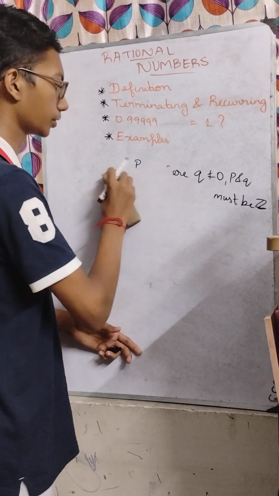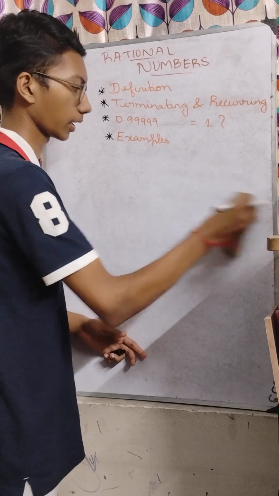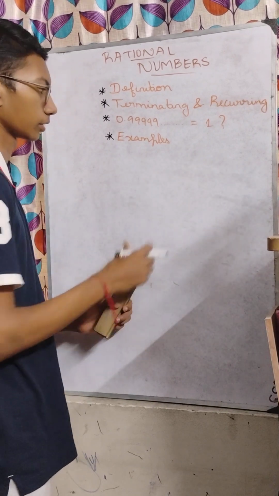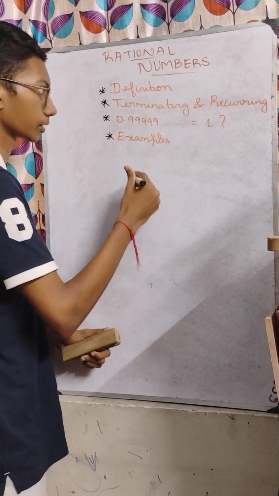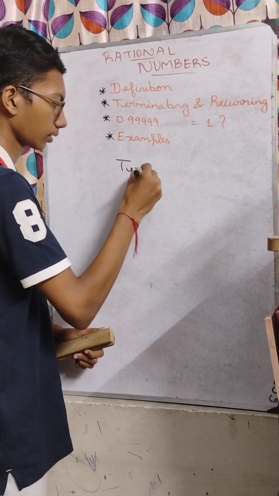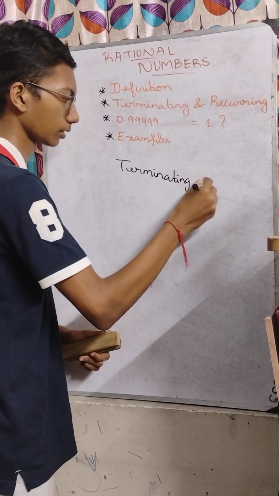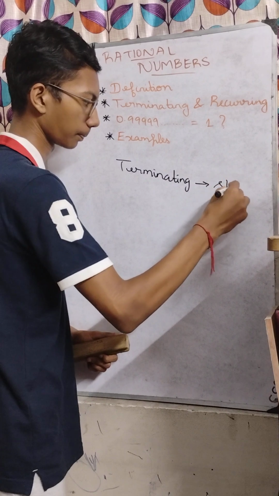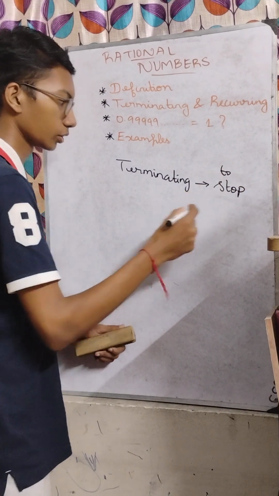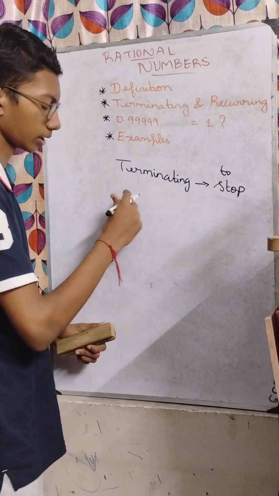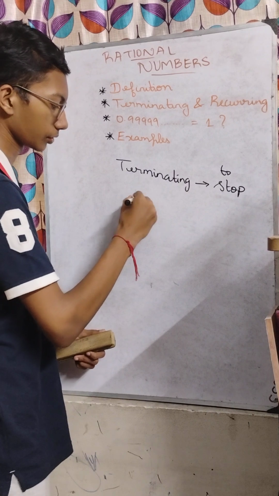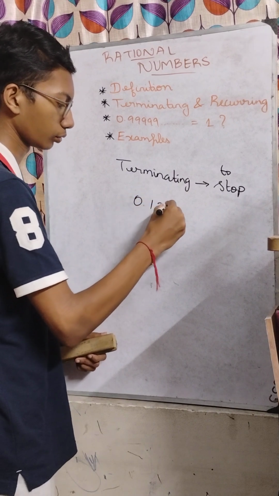Now the next thing we will see is terminating and recurring. So what are these words when it comes to rational numbers? What terminating means is to stop. So let's say we have decimals like 0.125.